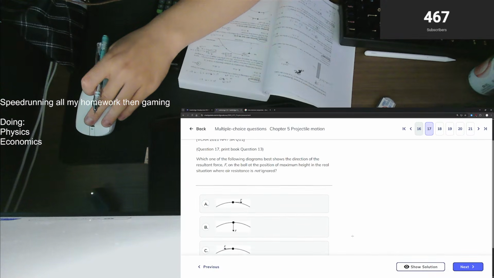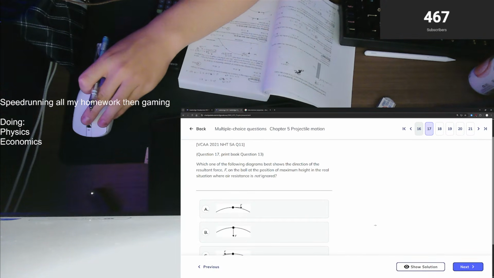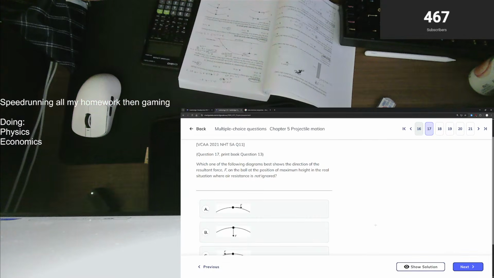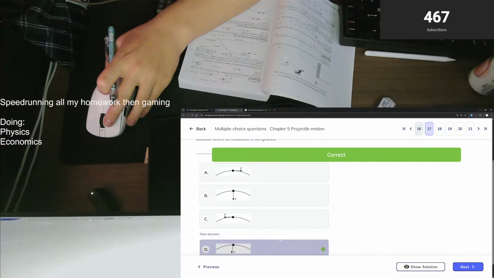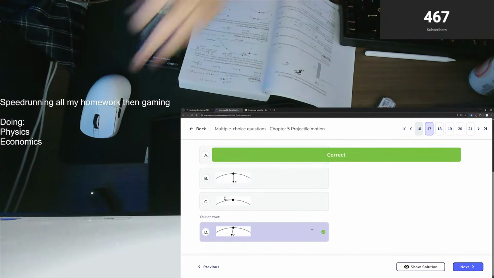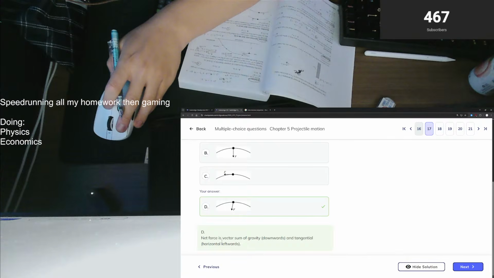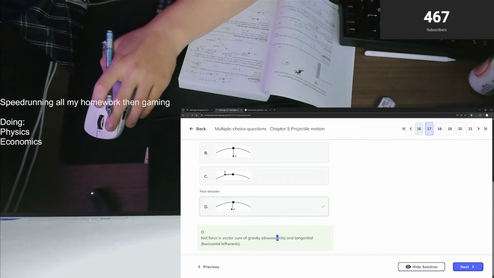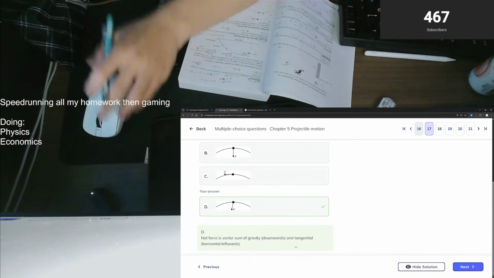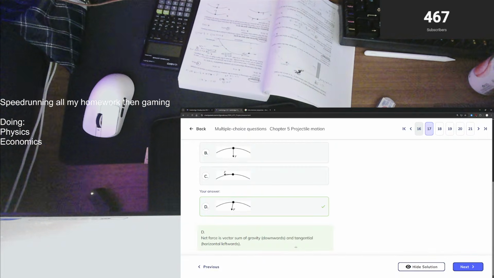Yeah, it is. It's D. Why there? Net force is vector sum, gravity, and tangential, horizontal.